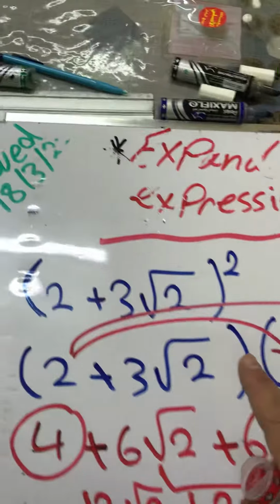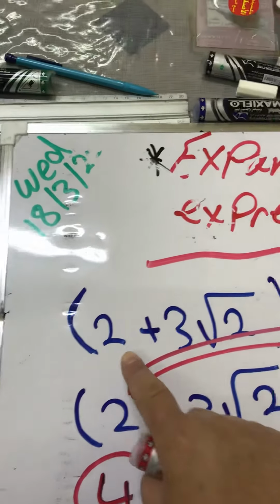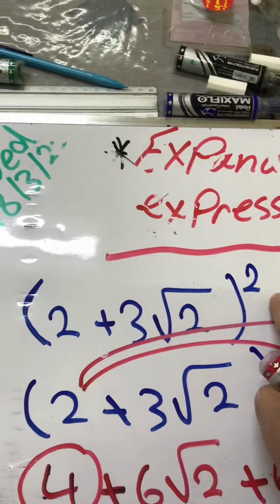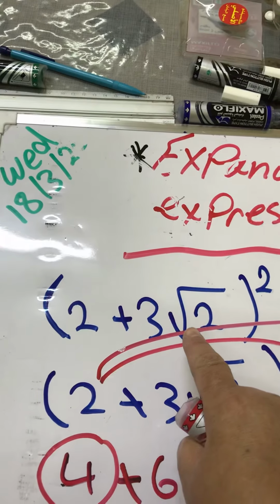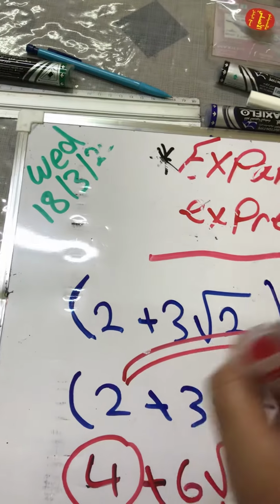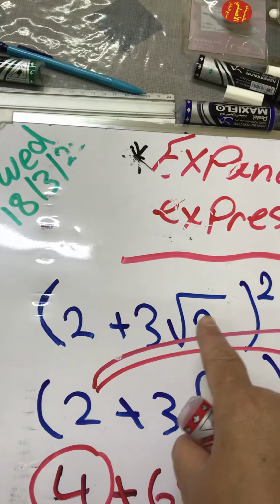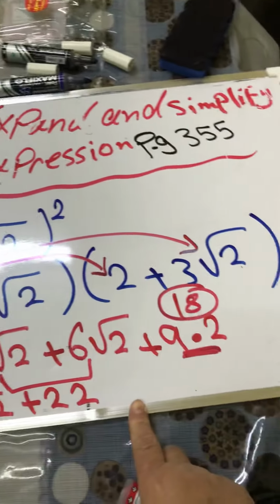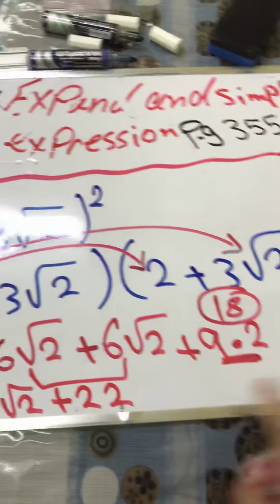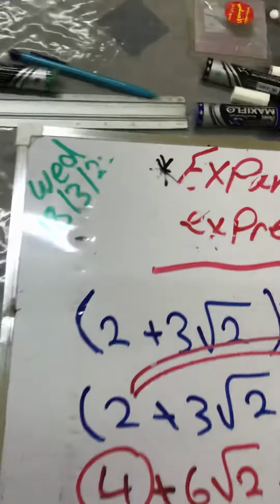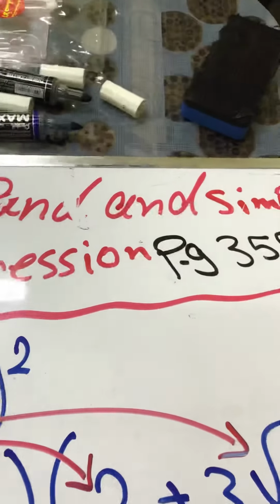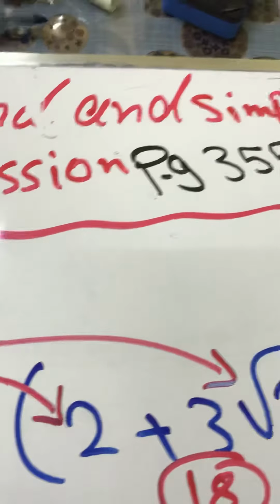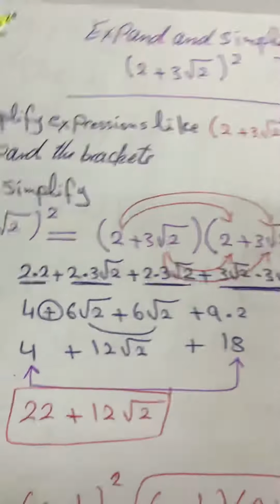Or follow what I said before: the first square plus, because we have positive here, 2 multiply 3 square root of 2 multiply 2, plus (3 square root of 2) square. It's up to you, but we have the same idea. Okay, so today, expand and simplify expression. Look with me.